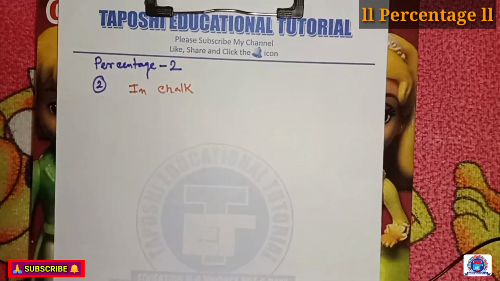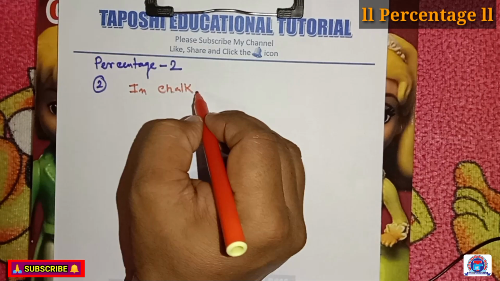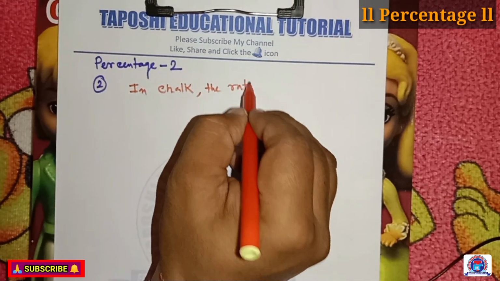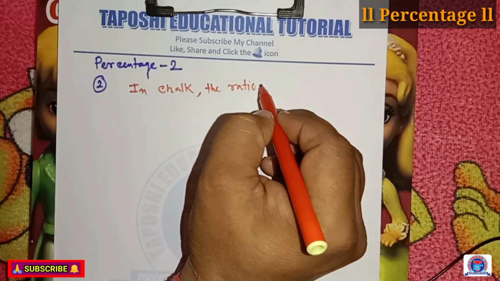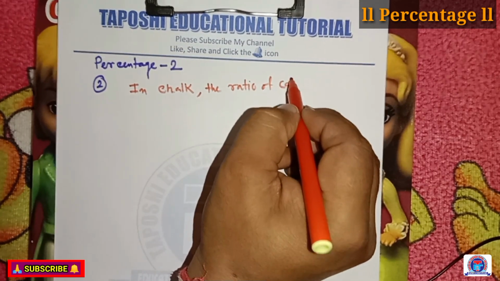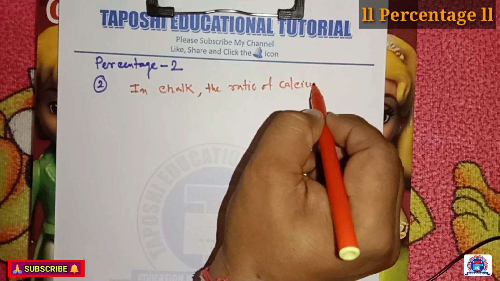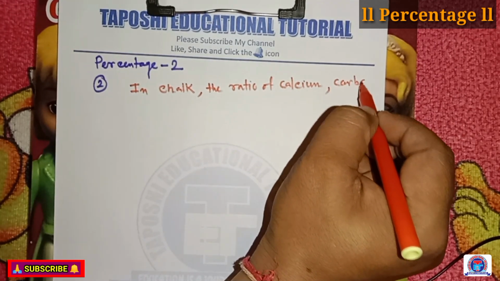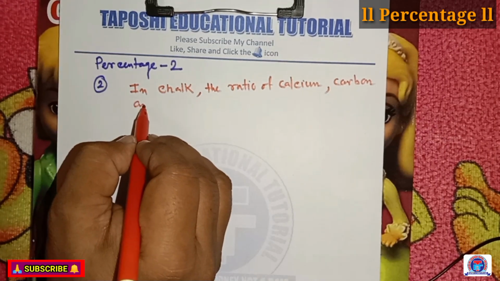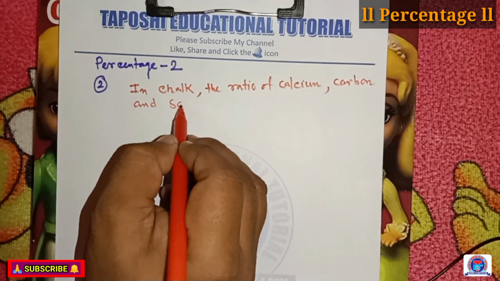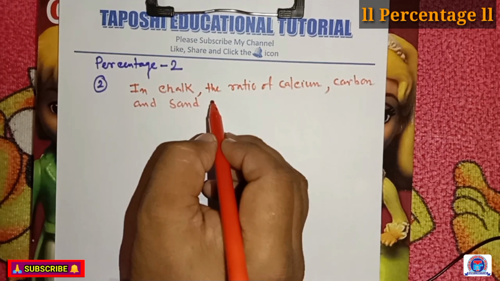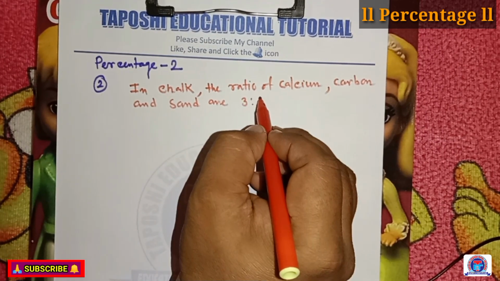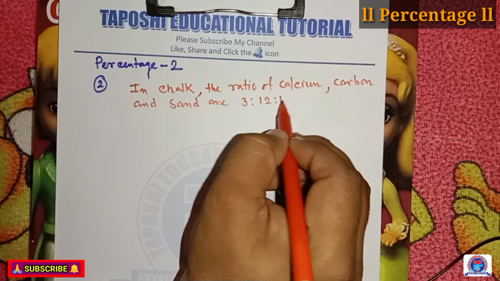in chalk, the ratio of calcium, carbon and sand are 3:12:10.